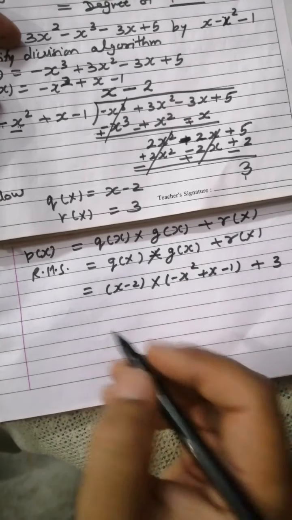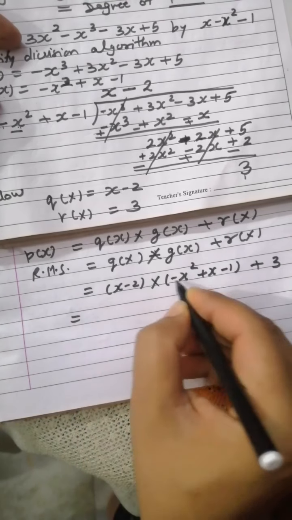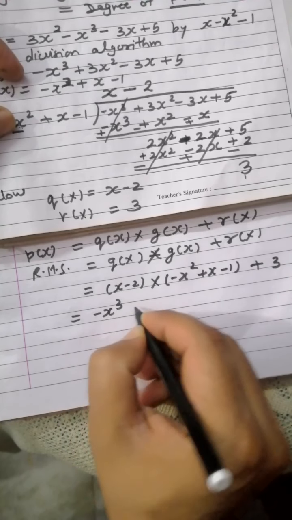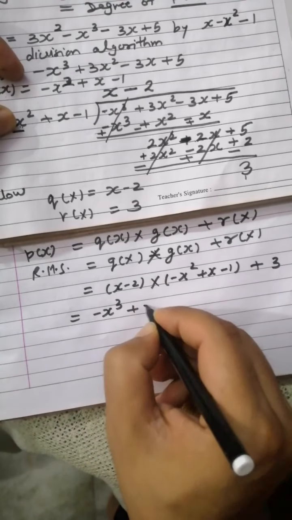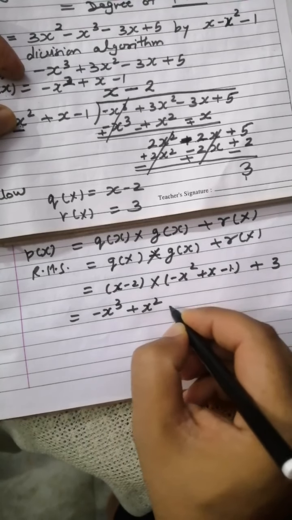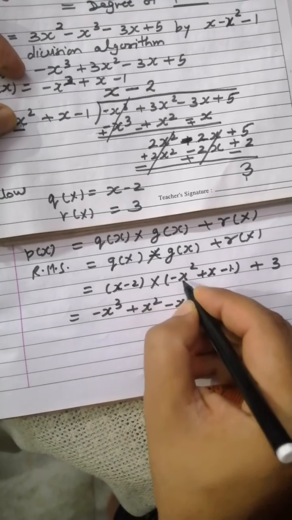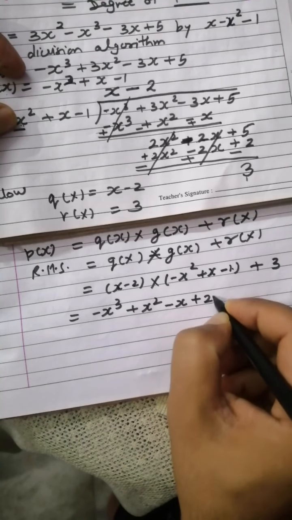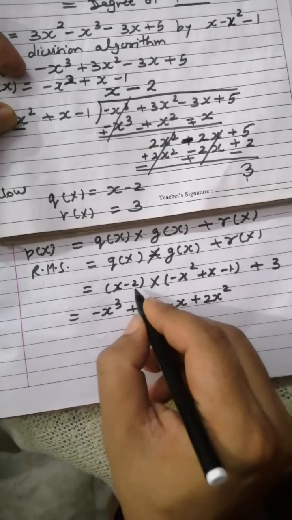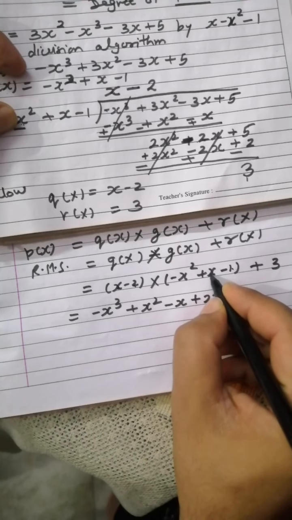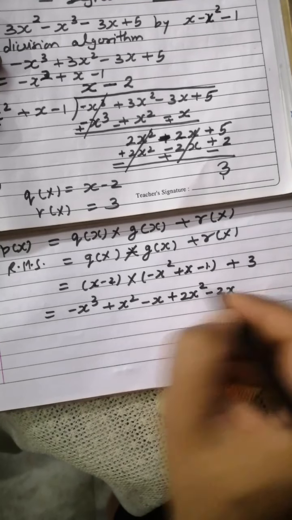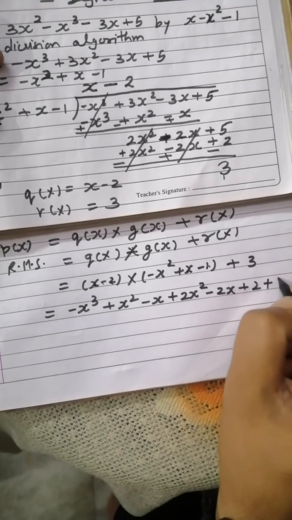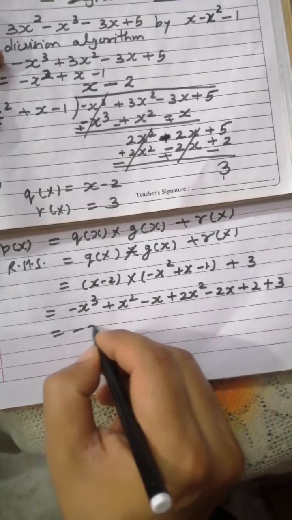So plus 3. Now here you can see x multiplied by x into minus x square, so minus x cube, plus x multiplied by x square, x multiplied by 1 minus x. Now minus 2 multiplied by minus x square, it will be minus minus plus, so plus 2x square. Minus 2 multiplied by plus x, so it will be minus 2x, and minus 2 minus 1, minus minus plus, plus 2, plus 3. Here it will be minus x cube.